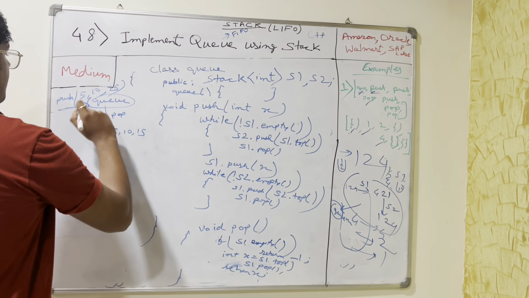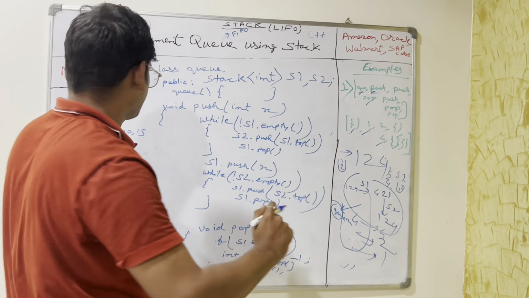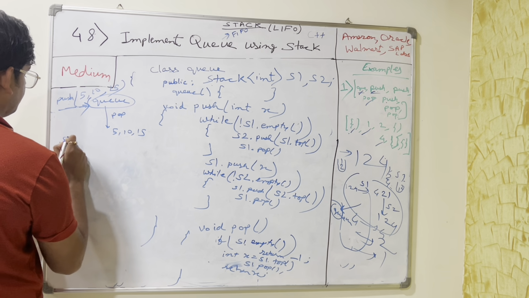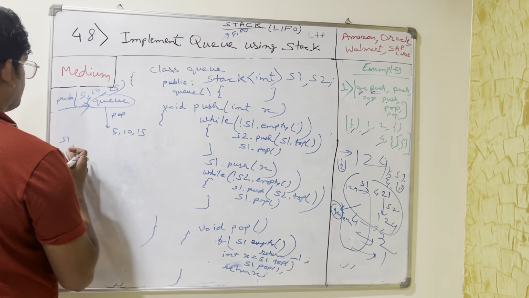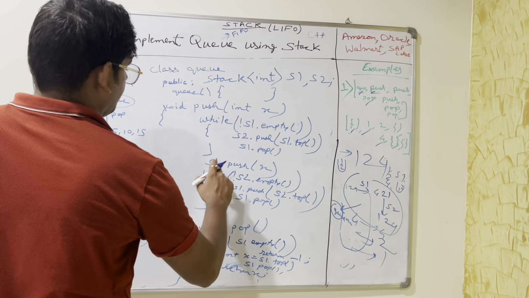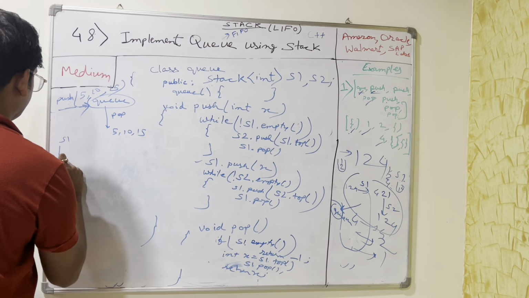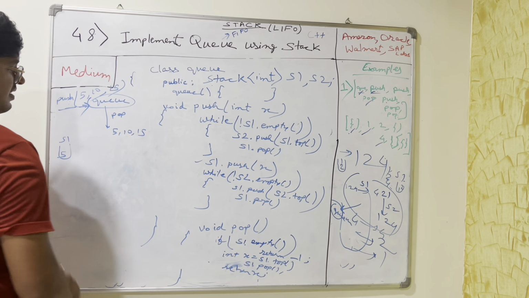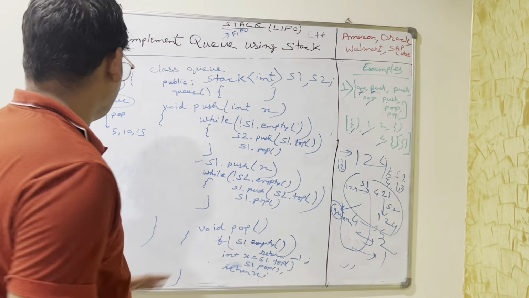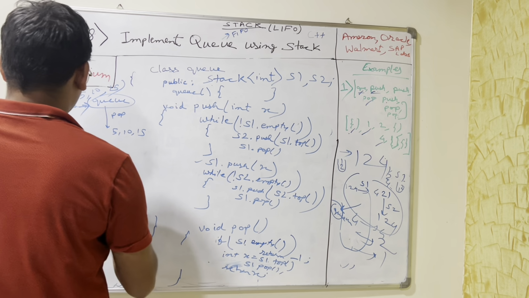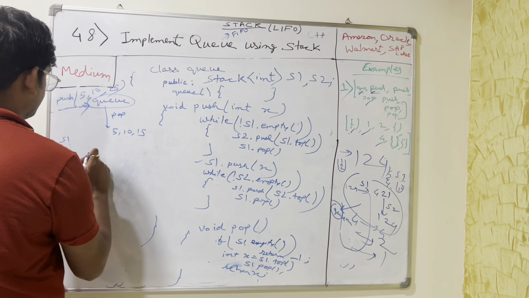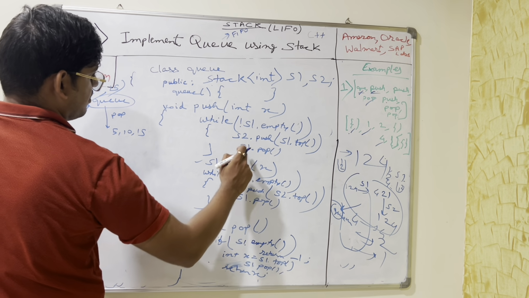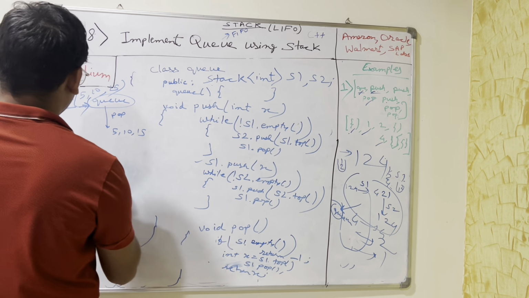So first, if everything is pushed, stack 1 is empty, so we will directly go here, and in stack 1, 5 gets there, and stack 2 is empty, so nothing will happen.